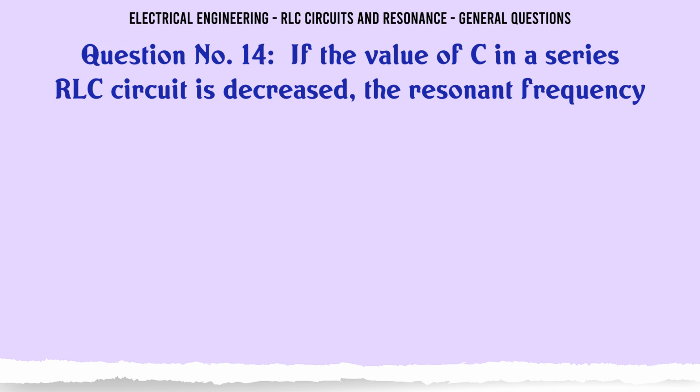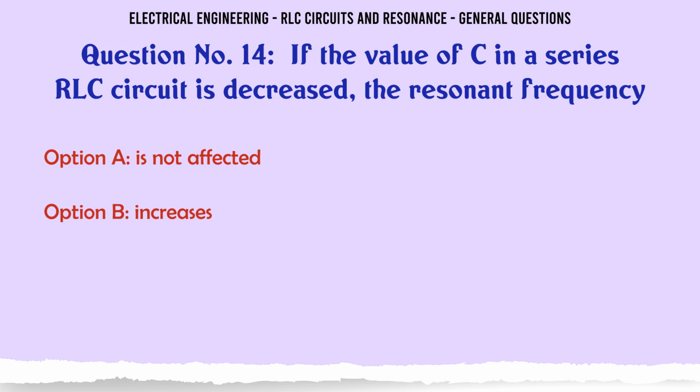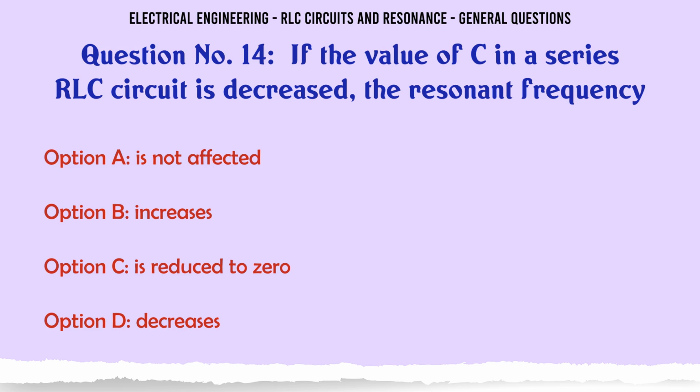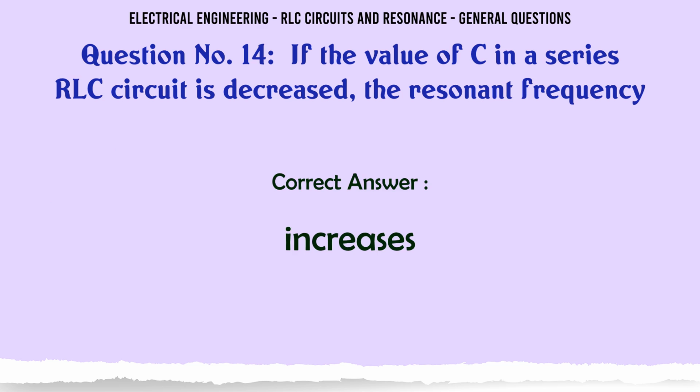If the value of C in a series RLC circuit is decreased, the resonant frequency: A, is not affected; B, increases; C, is reduced to 0; D, decreases. The correct answer is increases.